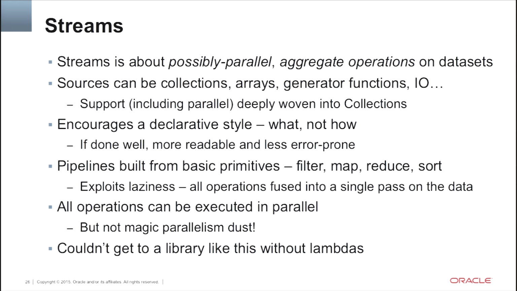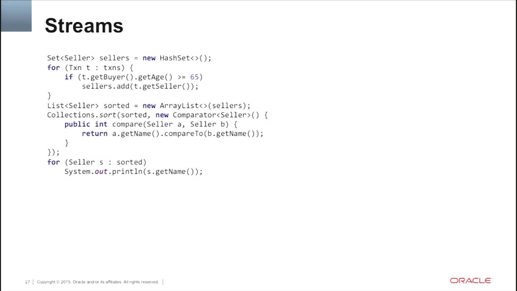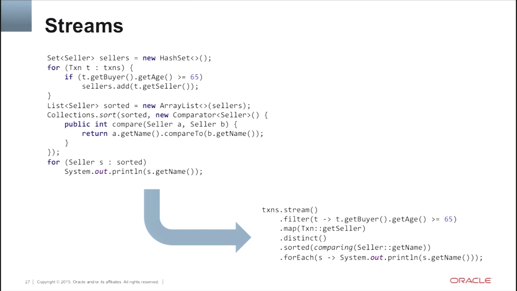Okay, you've all seen streams, but here's our classic example of typical ad hoc Java code that you don't even know what it does until you've spent 15 seconds reading it. And if you rewrite that as a stream pipeline, it's really obvious what it does, right? But the cool thing is, not only is the code on the right more readable, but it's a lot easier for the runtime to analyze it and do really cool things with it and say, oh, you've got a sorted stage in your pipeline here, but I know at this point the data's already sorted, so I'm not going to do any sorting.